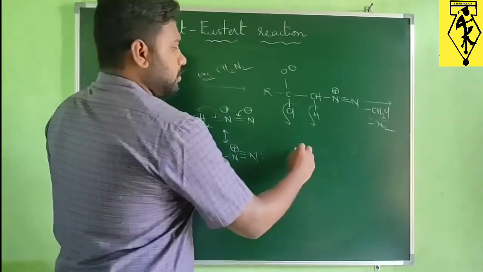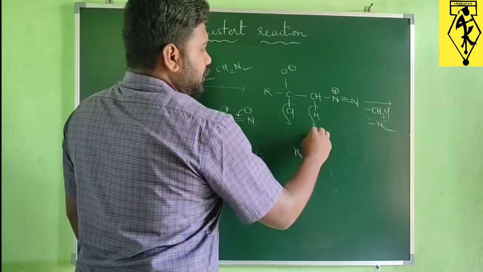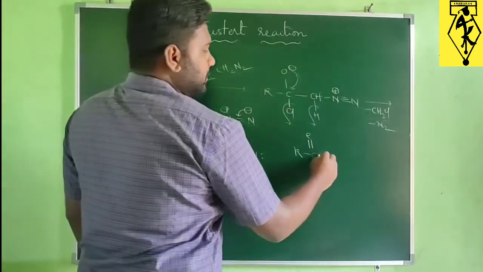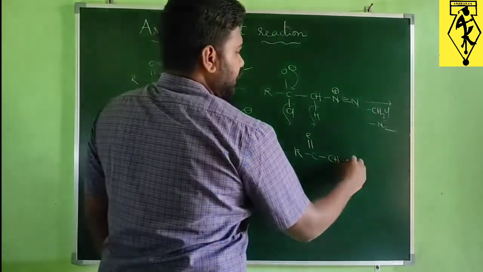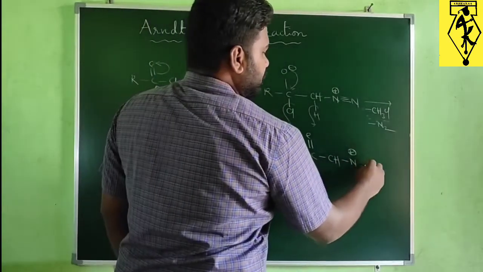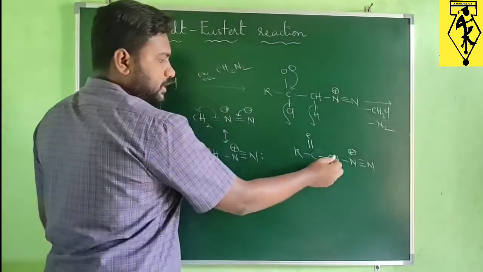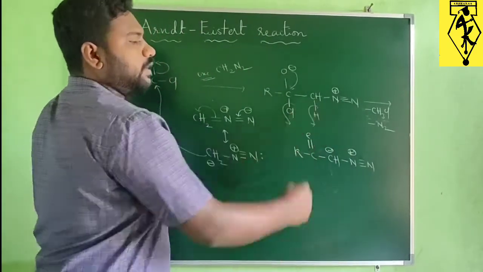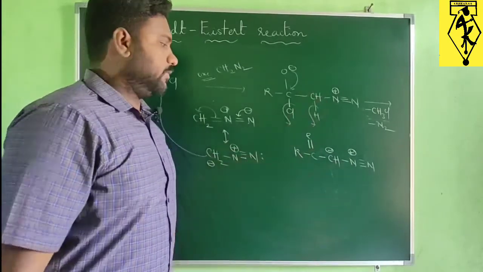And so what is resulted? C double bond O, again this negative charge will come back, and CH N plus triple bond N. On this carbon a negative charge will be there because here only H plus is left. The pair of electrons will be there on the carbon itself.